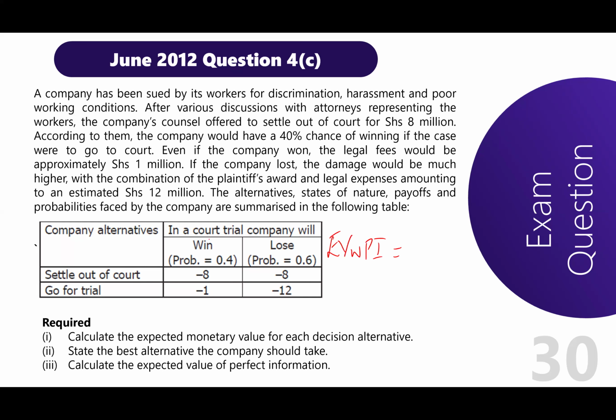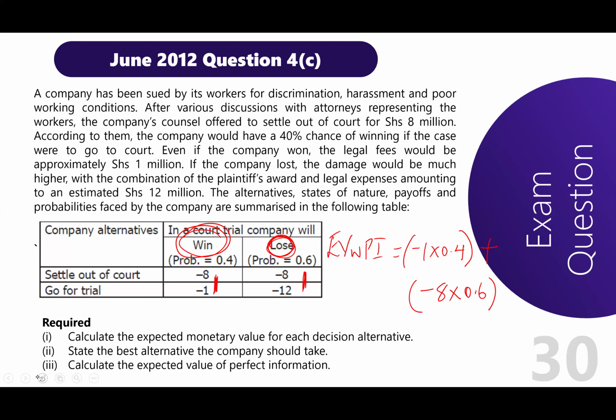Yes. So let us start with winning. What is the best outcome out of winning between 8 and -1? Best outcome is -1. That's -1 times the probability, which is 0.4. Then plus, now we go to losing. What is the best outcome? It is -8. So we get -8 times 0.6.